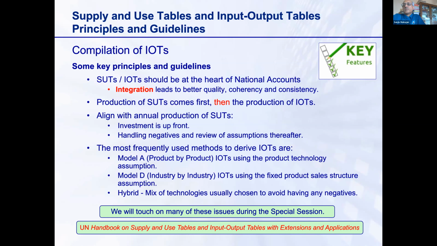Now, the hybrid version is something that I contributed to coming up with many years ago. So, for example, you're going to have industries that have secondary production that has nothing to do with its primary production, and they do not have separable units. For example, in the construction industry, we know what the inputs will be to make the construction output, whether it's a bridge, whether it's a road, whether it's a residential dwelling, etc. On the other hand, we say we know what the inputs are to make those products.